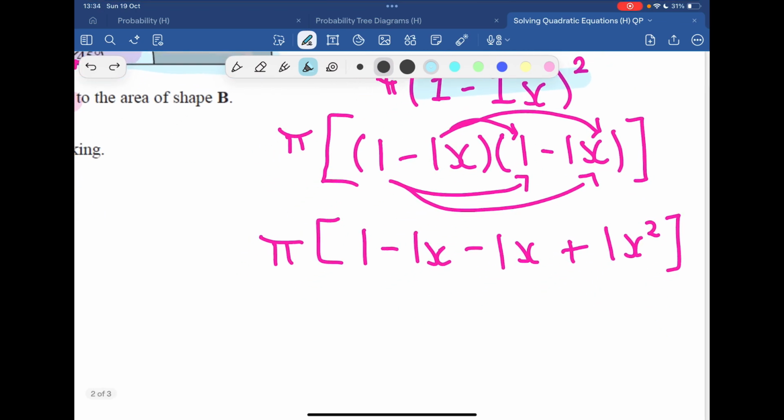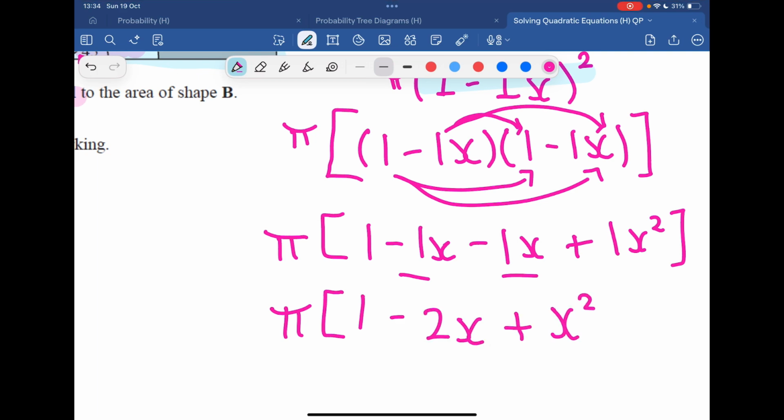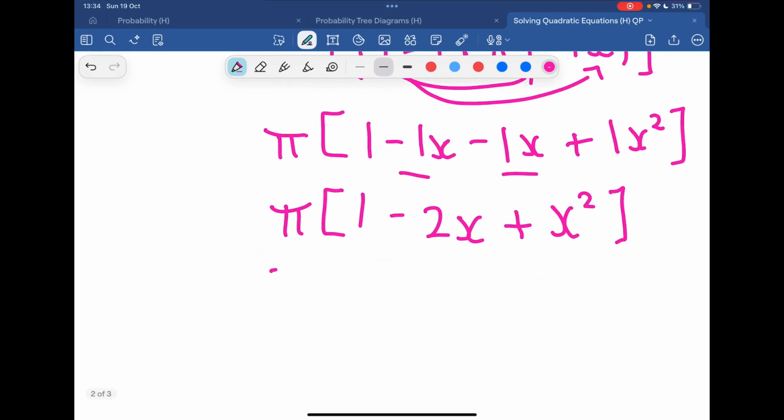Okay, so now we just need to simplify this. We have pi, this 1 is our only numerical term. We have minus 1x, minus 1x, going to give us minus 2x. And then we've got this positive x squared term here. So I like to write these with my x squared at the front.